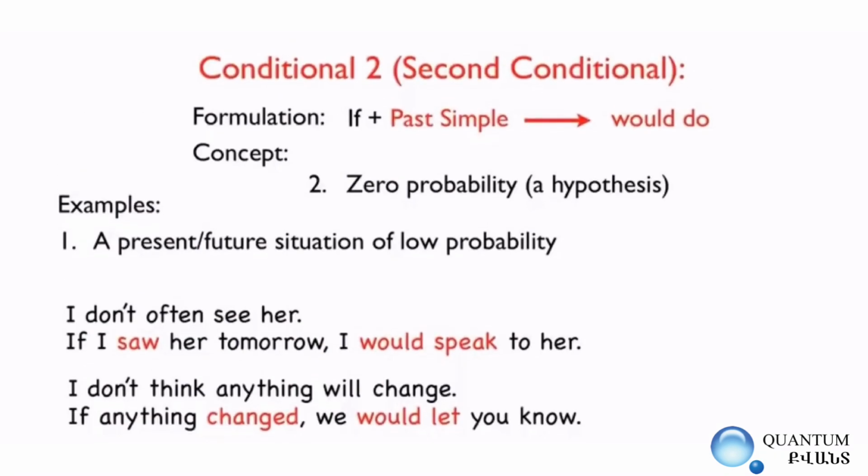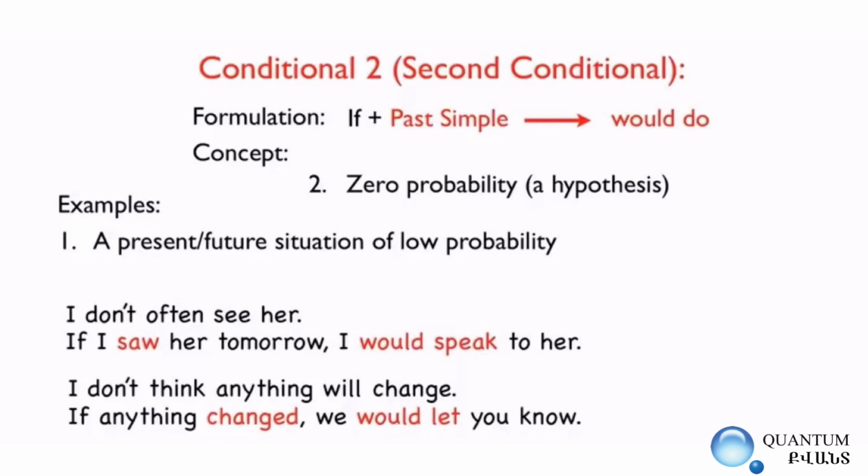Now let's move on to second conditional. The formulation is if plus past simple and would do in the main clause. The concept is a present or future situation of low probability or zero probability, a hypothesis, an unreal situation.